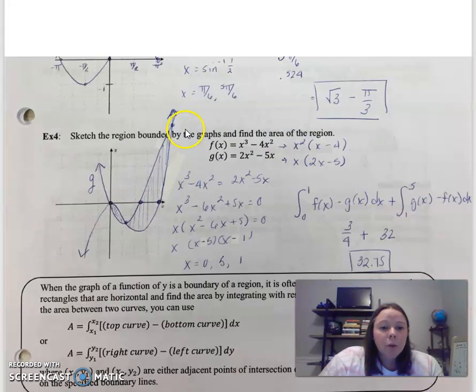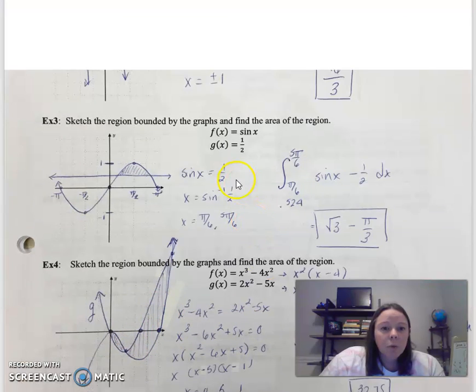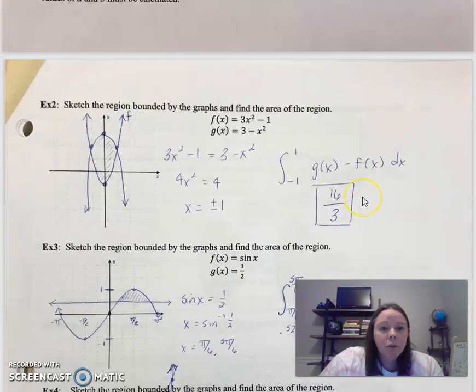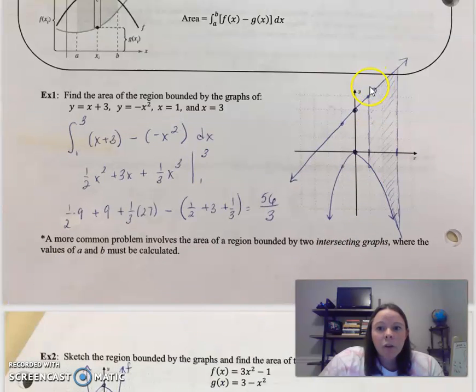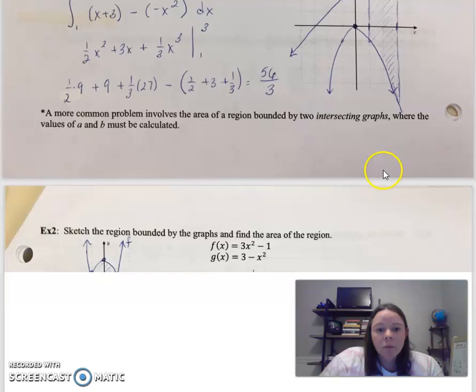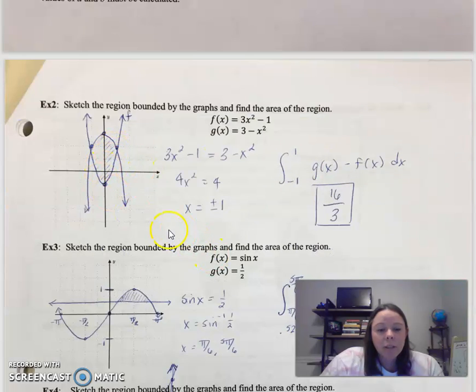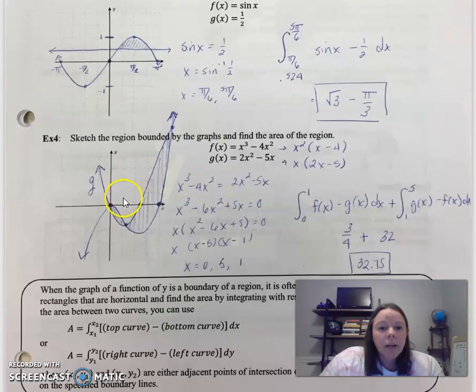All of the problems that we just did, well, let me come back up here. These three first problems that we did, notice that the top and the bottom were consistent for the entire region. Now with this one, the top and bottom changed, so we had to break it up into two separate integrals.